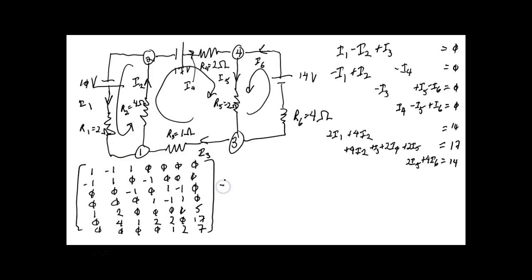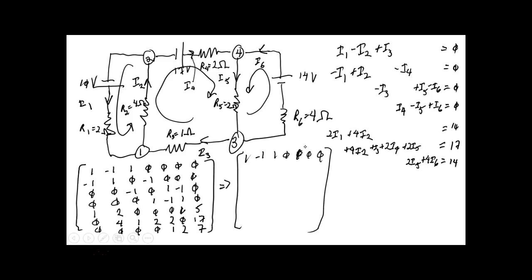I'm not going to write it down because I don't have room. So we're going to leave row 1 alone. 1 minus 1, 1, and 4 zeros.